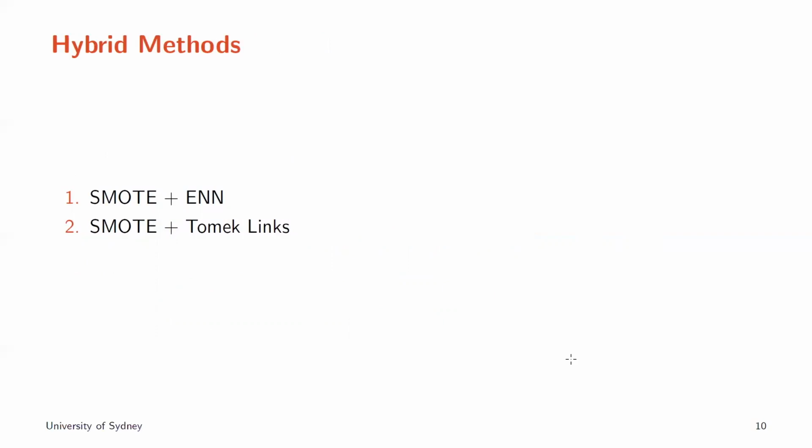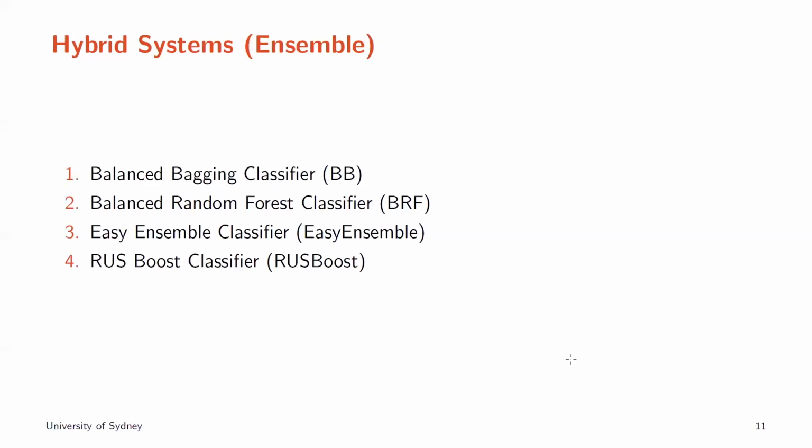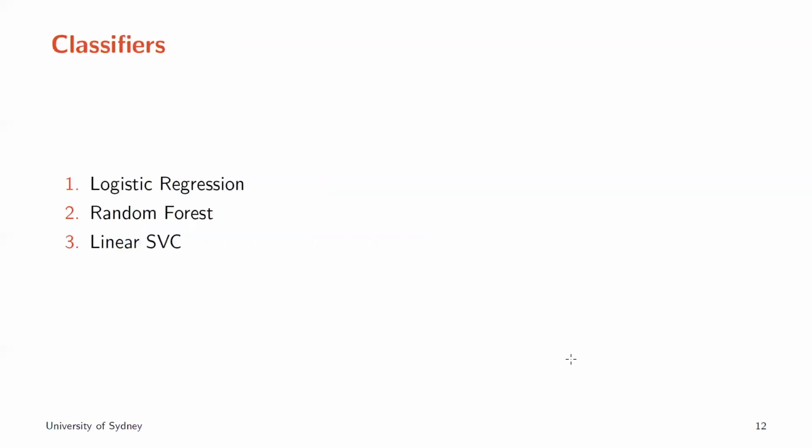And the other combines SMOTE with Tomek links. For ensembles, we implemented these 4 methods. For the data level methods, after oversampling, we use these well-known classifiers, namely logistic regression, random forest, and linear SVC.